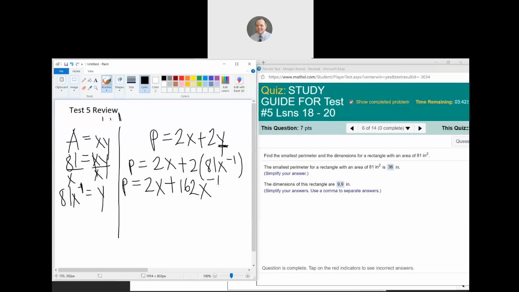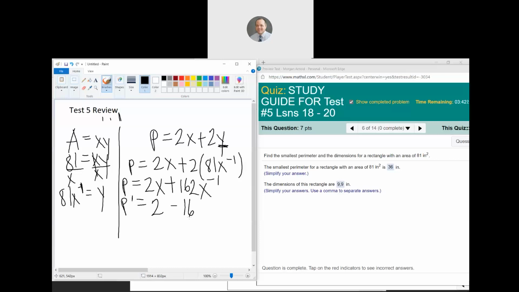How I know to take the first derivative is the keyword smallest. If you have keywords like smallest, least, greatest, most, then that means you're trying to find relative extrema, max or min points. So when we take the first derivative, we get 2.